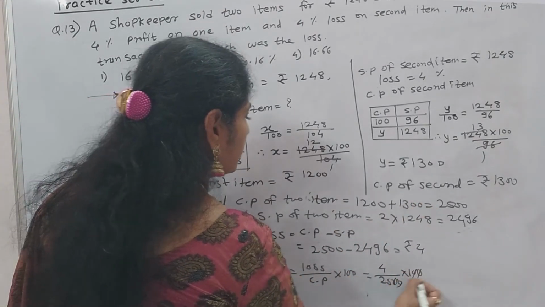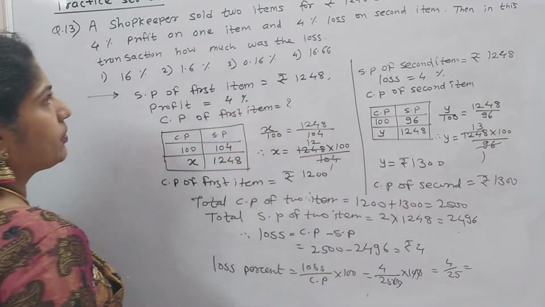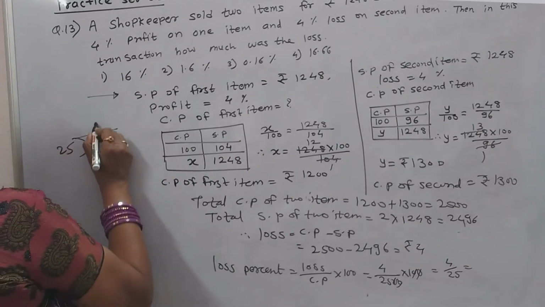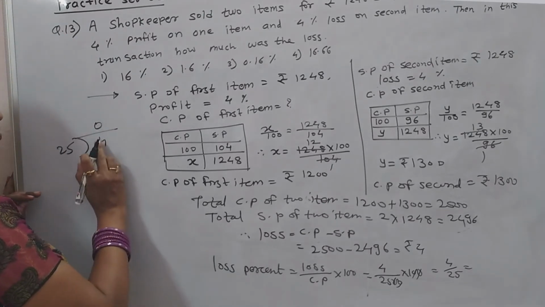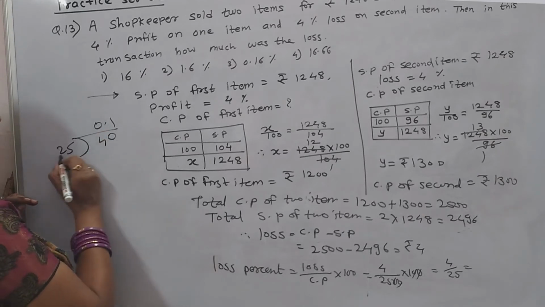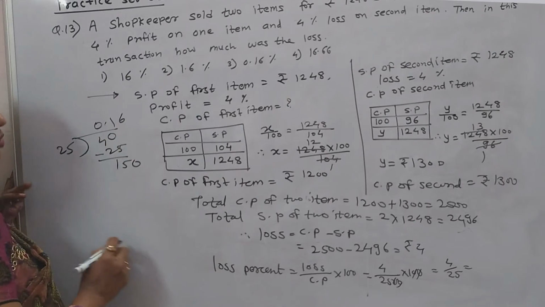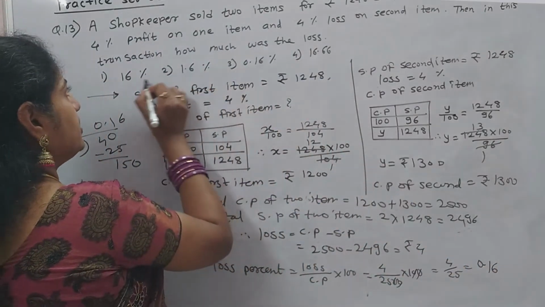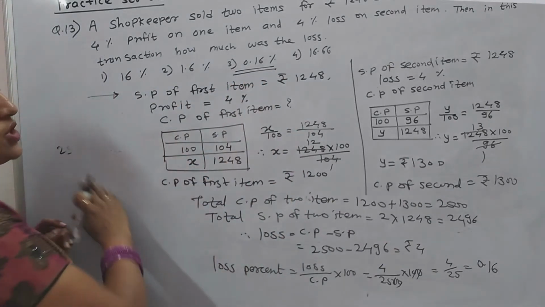Double zeros are cut. 4 upon 25. 4 divided by 25 is 0.16. Answer is 0.16% loss. Our answer is option number 3.